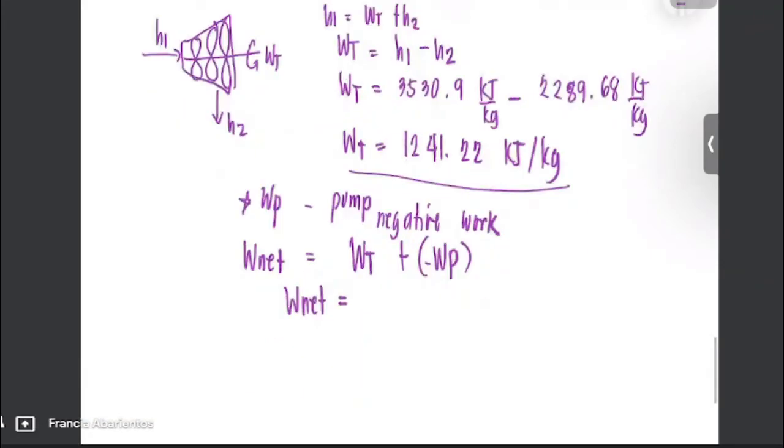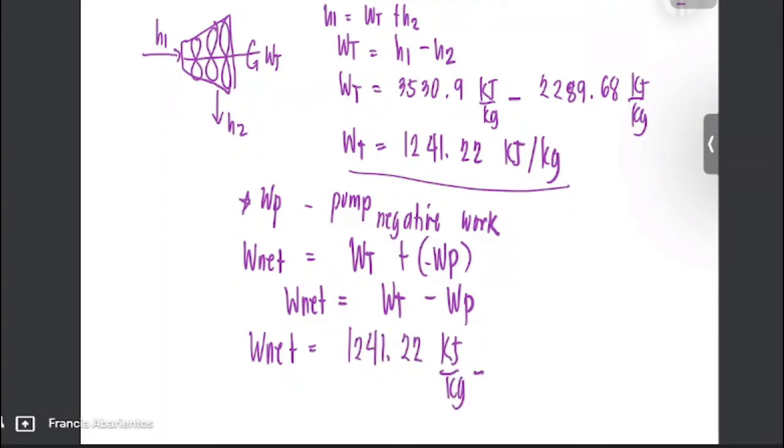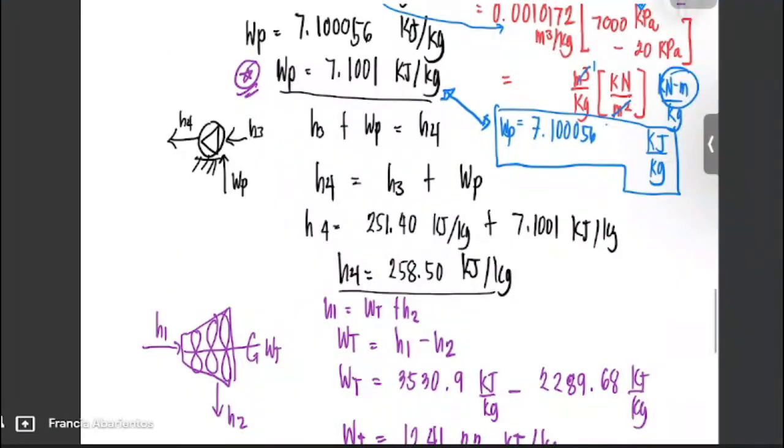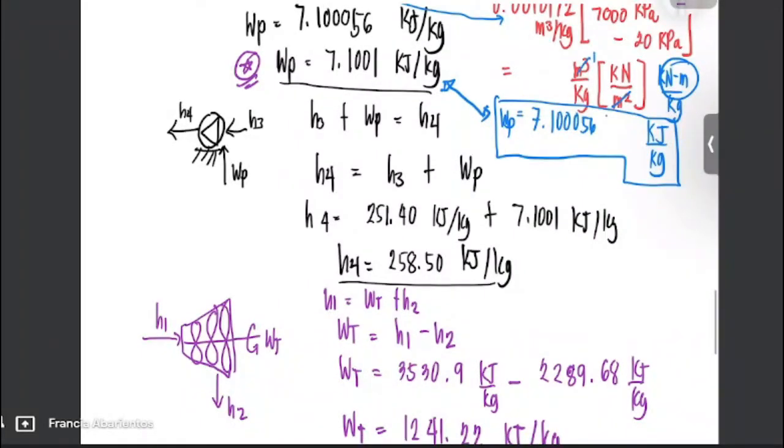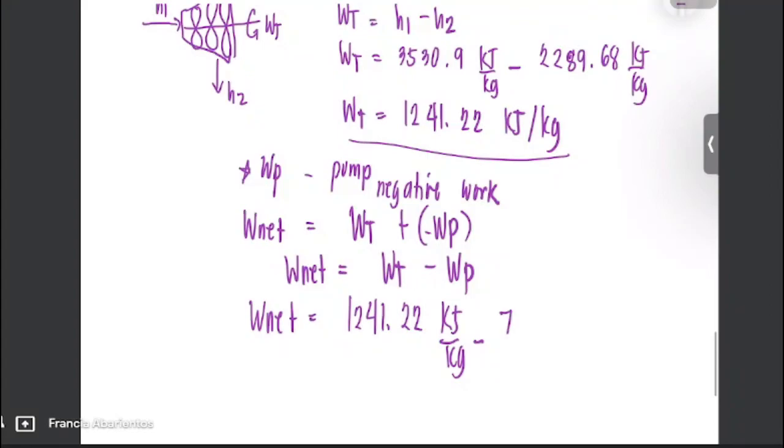Work of the turbine minus work of the pump. So, finding for the work net, we have now the work of the turbine minus work of the pump, 7.1. Gamitin lang natin yung 4 decimal. Okay, we have now the work net.